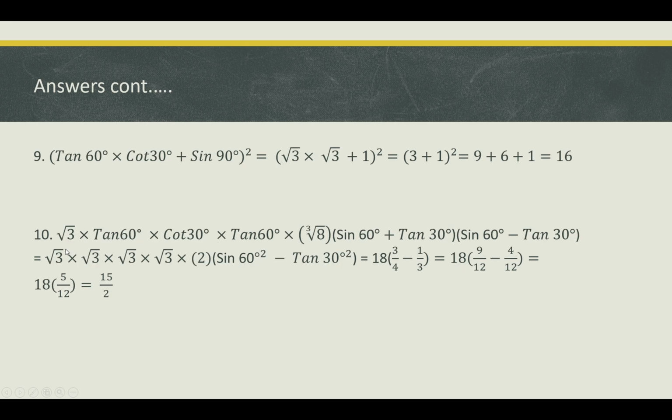So under root 3 into under root 3 is 3, and under root 3 into 3 is also equal to 3. So 3 into 3 is 9 and 9 into 2 is 18. So it becomes 18 multiplied by 5 by 12.